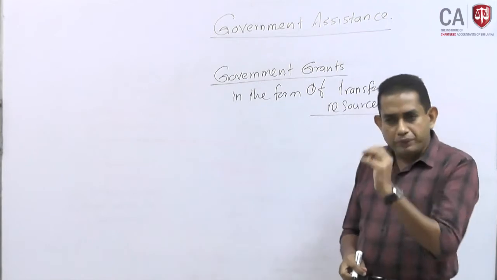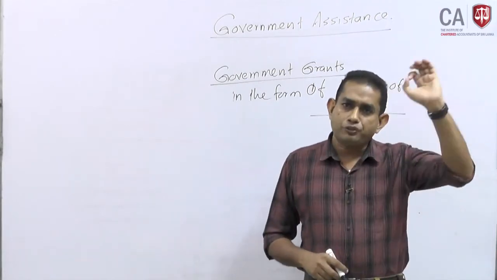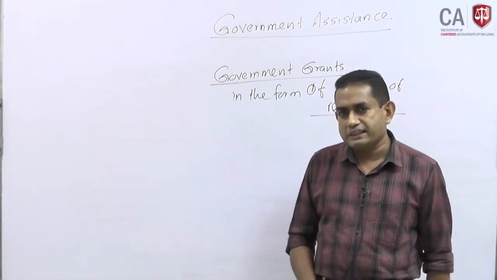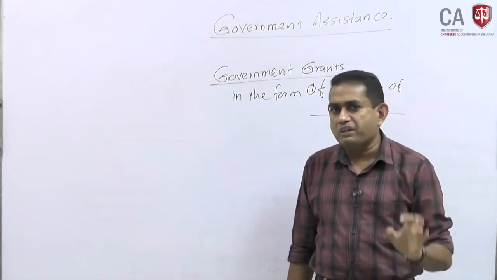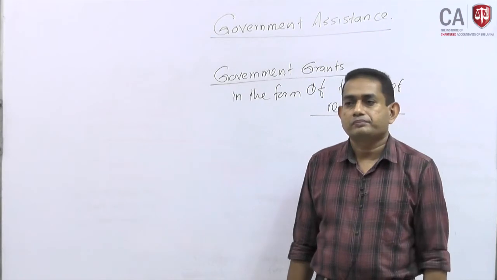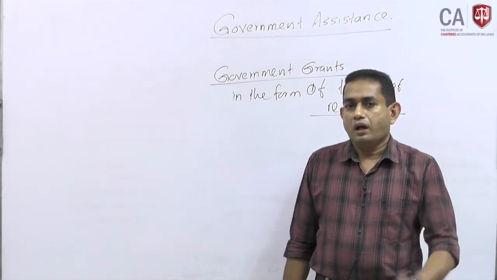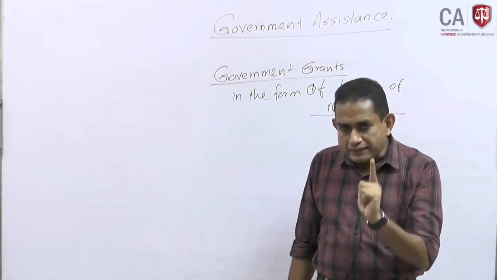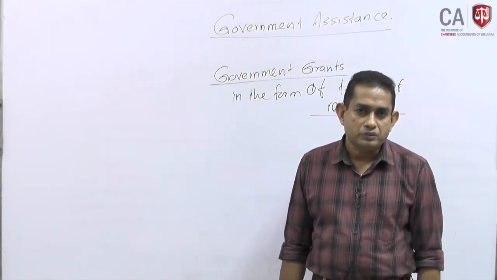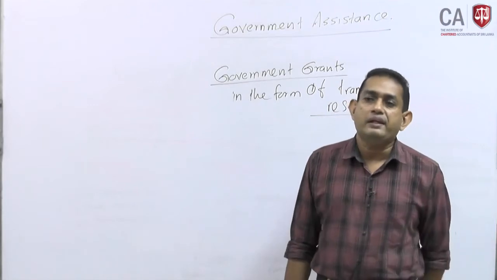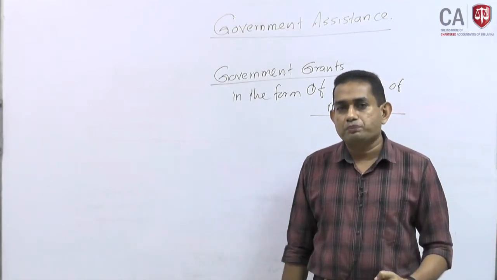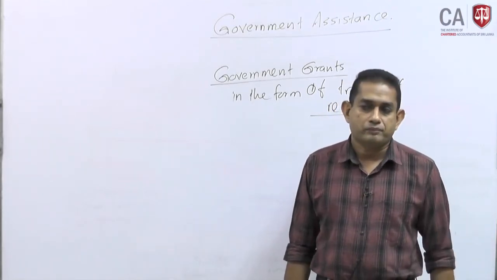For something to be a government grant, first and foremost it has to be a government assistance, but every government assistance does not become a government grant. Now, if it is a government assistance which is in the form of transfer of resources to an entity, that is what becomes a government grant.